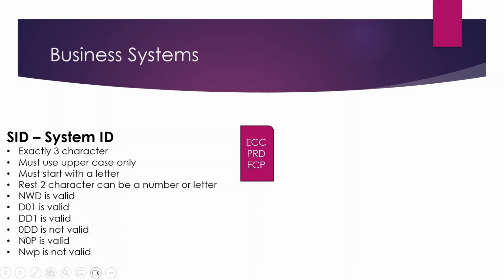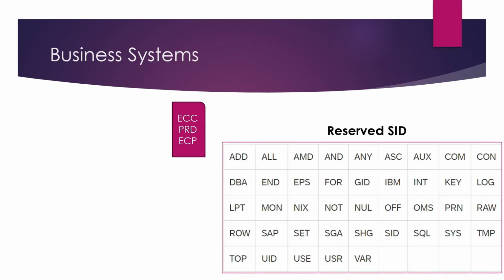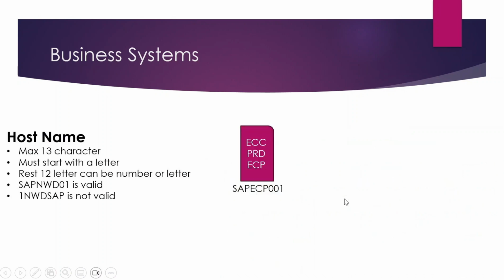For example, 0DD is not valid, but D00 or DD0 is valid. Okay, so there are a few restrictions which apply to the system ID. Also there are a few reserved system IDs which you cannot use. So these are system IDs, though valid, that you cannot use. So that's all about SID.